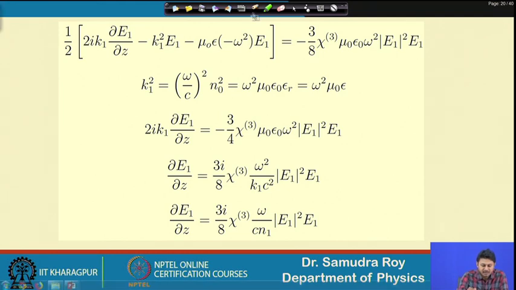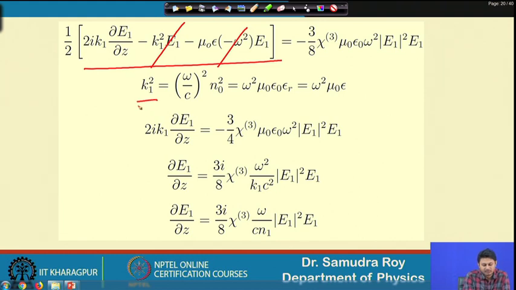So, we have this term in our hand, again this thing and this thing, as I mentioned, cancel out, because k1 if we calculate it will be omega square mu 0 epsilon. This negative term will be positive and this term will cancel out, and the right hand term will be as usual.